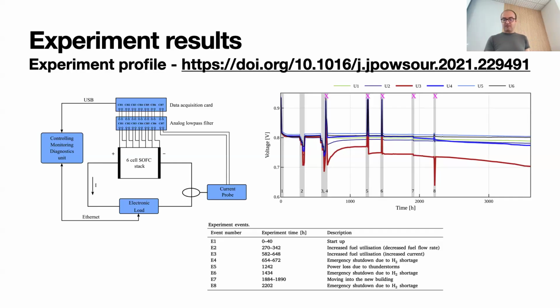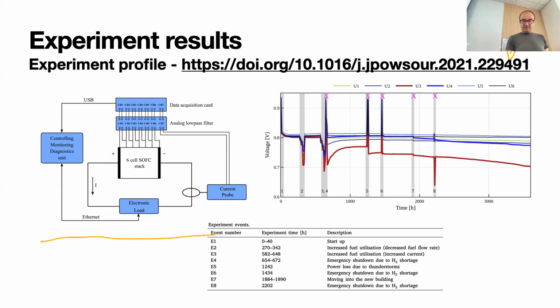This is something that we have published. Here you have our paper, which doesn't cover the problems of unbalanced optimal transport, but has a nice description of the experiment. The goal was to run this 6-cell stack for more than 3,000 hours and check its degradation over time.